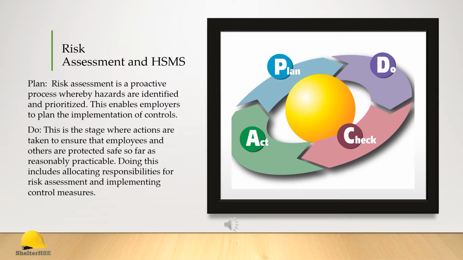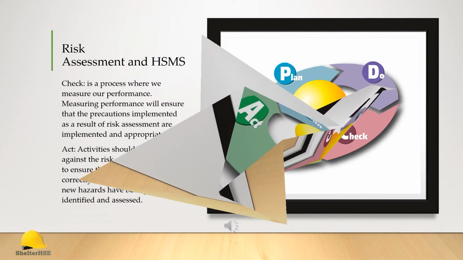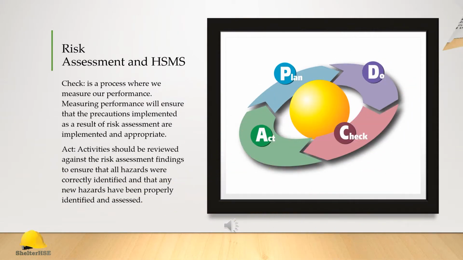Do. This is the stage where actions are taken to ensure that employees and others are protected, safe so far as reasonably practicable. Doing this includes allocating responsibilities for risk assessment and implementing control measures. Check. This is a process where we measure our performance.